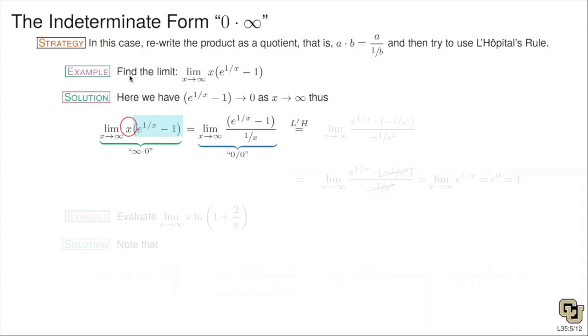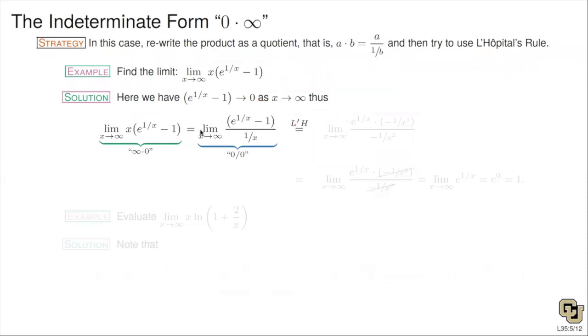The reciprocal of x is 1 over x, and I'm dividing by 1 over x. If you look, we haven't really changed anything. If I multiply top and bottom by x, in the denominator you just get 1, and in the numerator you get back the original. This takes us back to where we started from, which isn't helpful, but I just want to show you we haven't changed anything, just what it looks like.